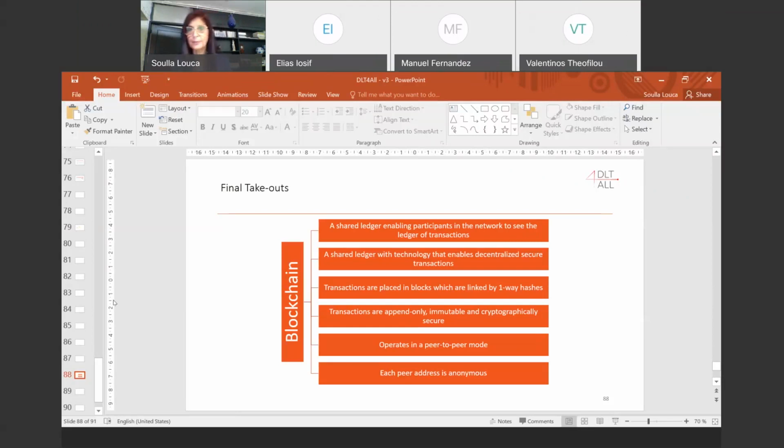So unknown parties can trust each other. The transactions are placed into blocks which are linked together by one-way hashes, and thus they form the blockchain. All the transactions are append only, they cannot be modified, and they're cryptographically secured. A blockchain operates in a peer-to-peer mode, and each peer address is anonymous.